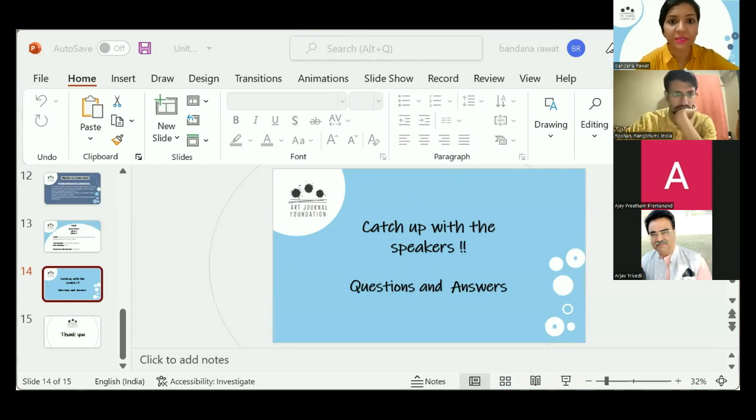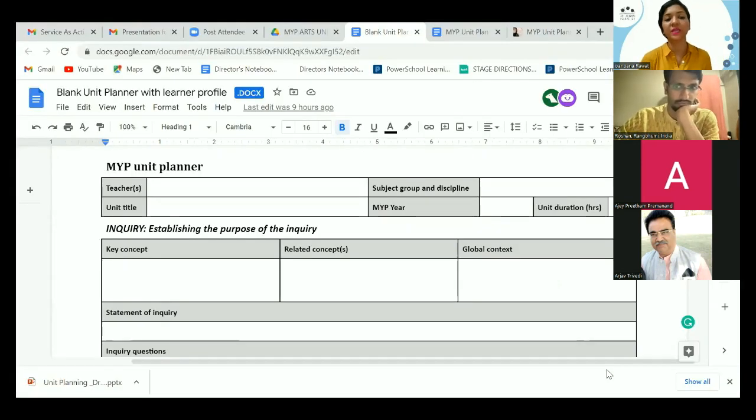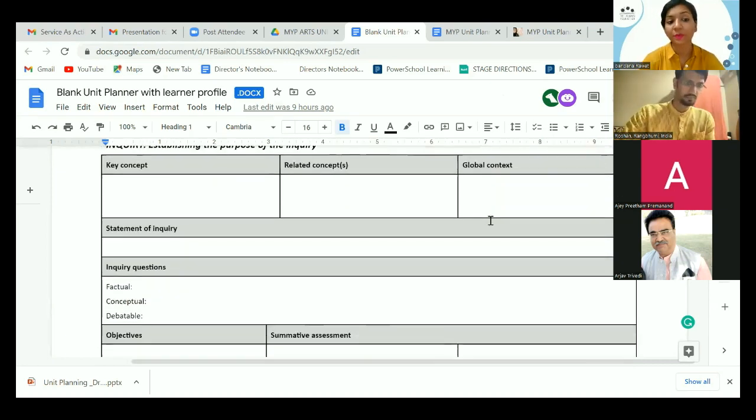So everyone is joined, so you can fill this document. Let me just share my screen again, so that we can also see what is happening. All of you can see this empty unit planner. You basically don't write teachers, just write subject group as arts, performing arts. What is the unit title? Depending on the content, MYP year, duration, key concept, related concept, global context, statement of inquiry, factual question. One question is enough for the time being.